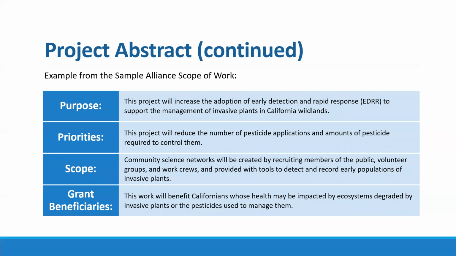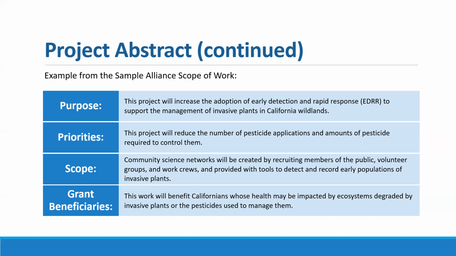So moving on to our first example, and throughout this presentation, I'm going to pull up a bunch of examples, both sample Alliance and sample Research portions of the proposal application. And I just want to preface this by saying that this example and all of the future examples that I'm going to be including in this presentation were developed by DPR staff. They are entirely fictional examples.